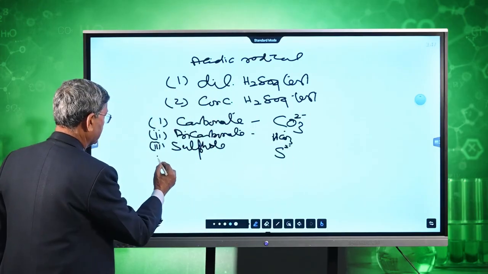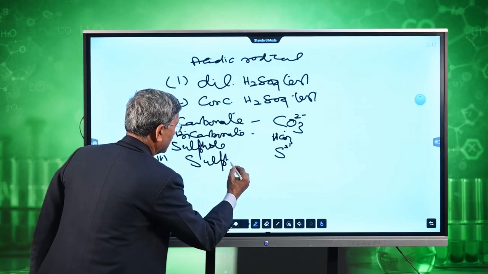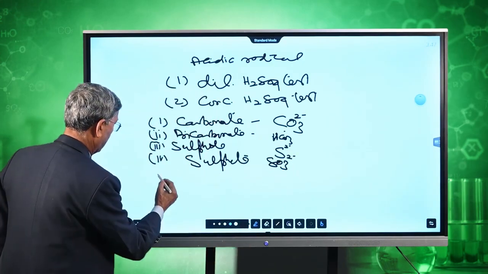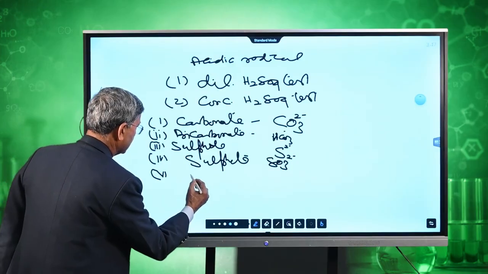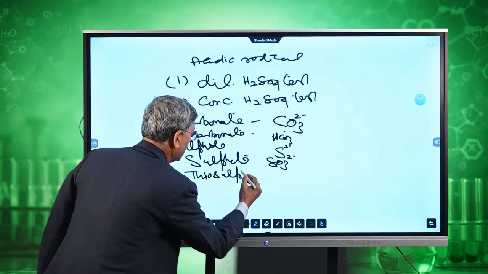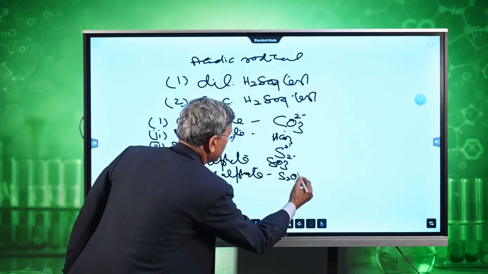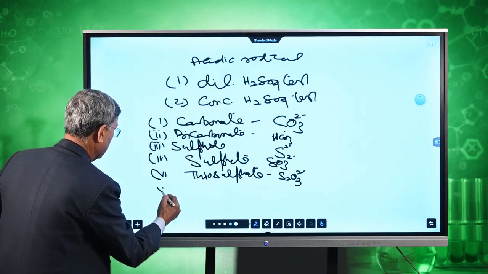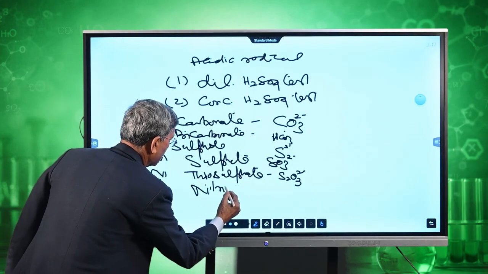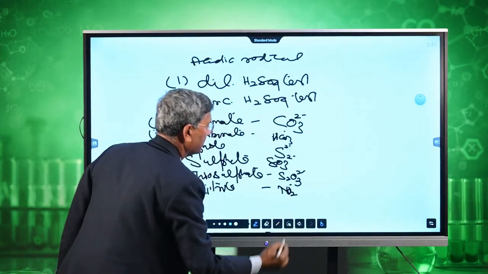Then sulfite, that is SO3 2-. And then thiosulfate, that is S2O3 2-. And then nitrite, that is NO2 -1.